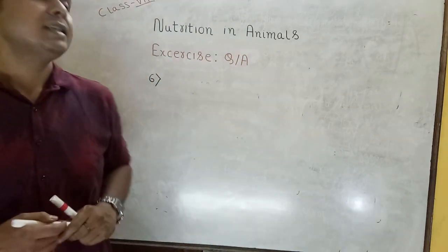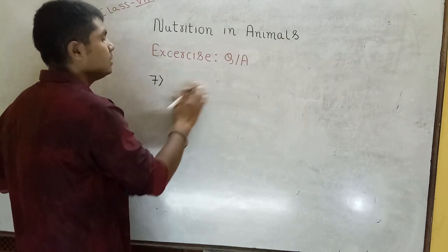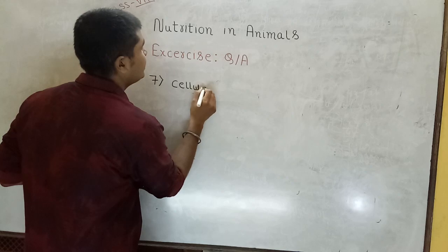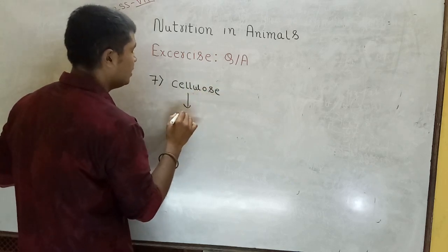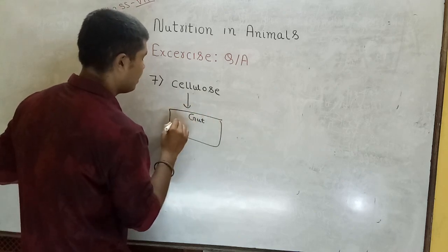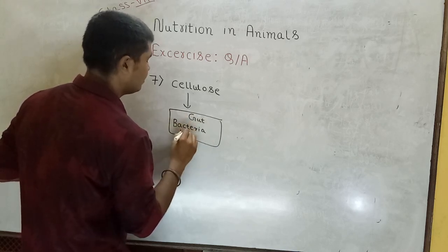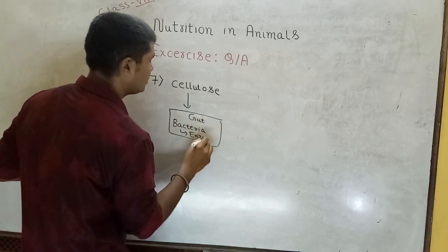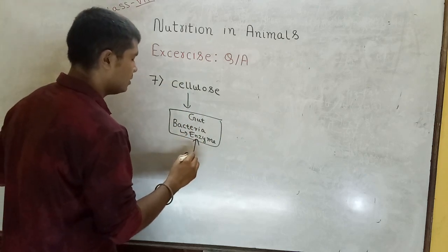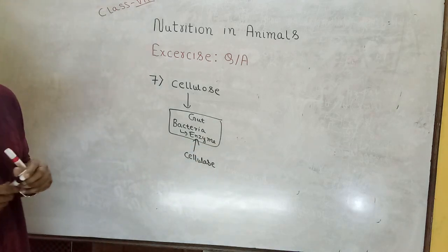So ruminants can digest cellulose, which is a kind of carbohydrate, because their gut consists of bacteria which produce enzyme for the digestion of cellulose. The name of the enzyme is cellulase.